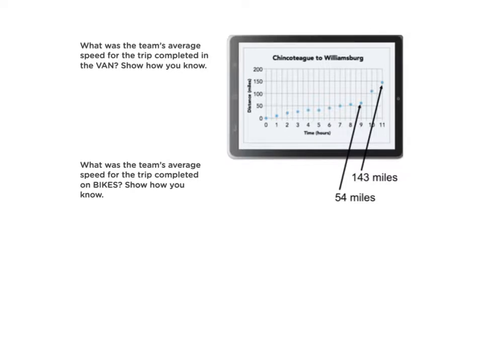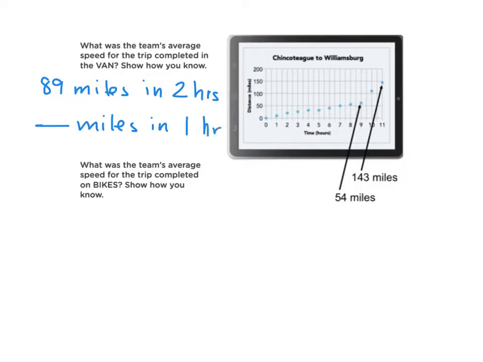All right, this next question is asking us for the average speed for the trip completed in the van. So if we think back to the previous problem, we know that they completed 89 miles in 2 hours. And we need to figure out how many miles can they do in a single hour.